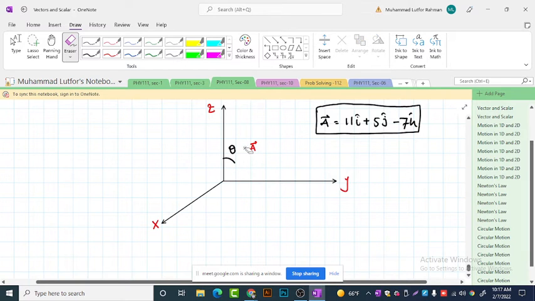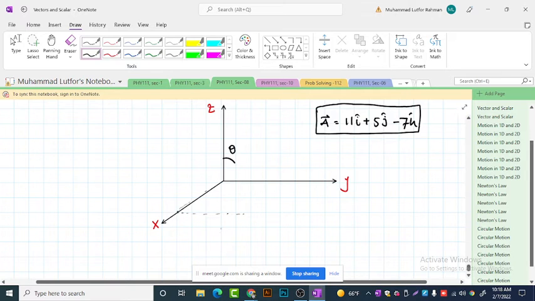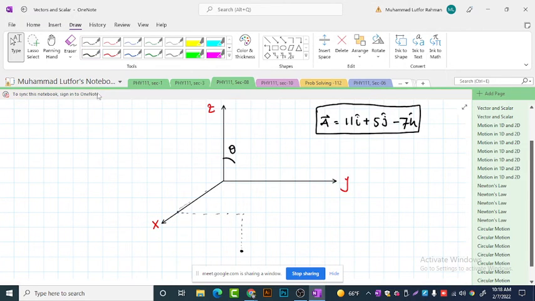I'm extremely sorry guys, because look at this, the coefficient of this vector is 11i 5j minus 7k, which means I have to move 11 units towards the x direction, 5 units towards the y direction, and minus 7 units, which means I have to go in the downward direction, right? For simplicity, only for this calculation I changed the orientation of that vector, otherwise that drawing would be inappropriate.